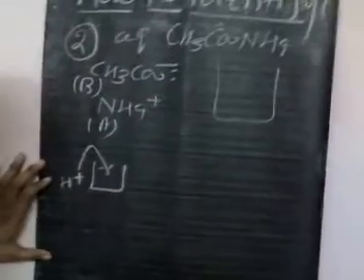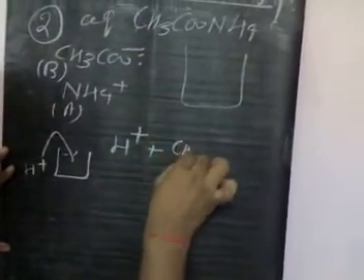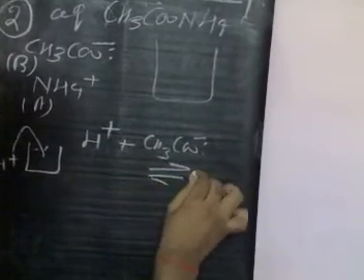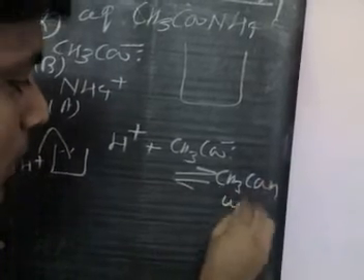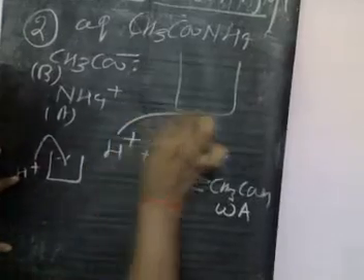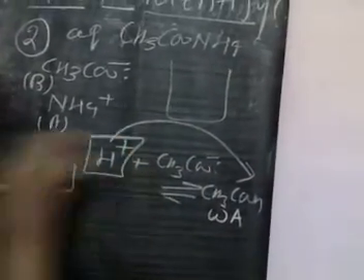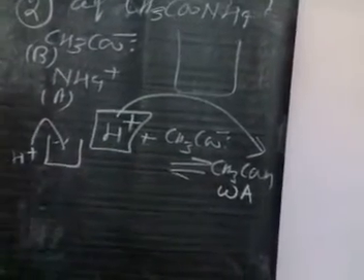When we put a small amount of H plus in the solution, that H plus can be consumed by CH3COO minus, and we get CH3COOH, which is a weak acid. So the reaction lies mostly in the forward direction, and most of this H plus is consumed.